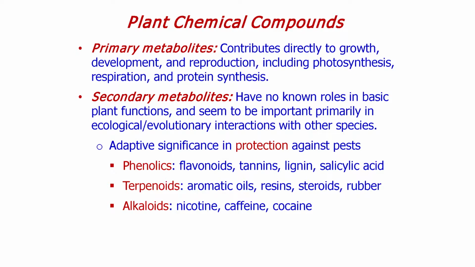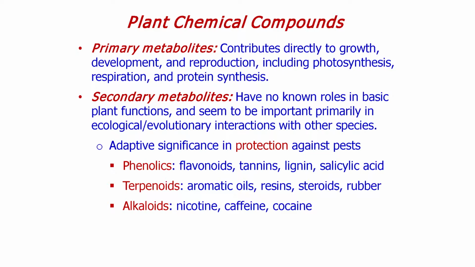Before going forward, I want to talk a little bit about plant chemical compounds. Plants have a lot of chemicals. Some of them we call primary metabolites. These are primarily important for growth, reproduction, and development, including photosynthesis, respiration, and protein synthesis. The second group of compounds we call secondary metabolites.